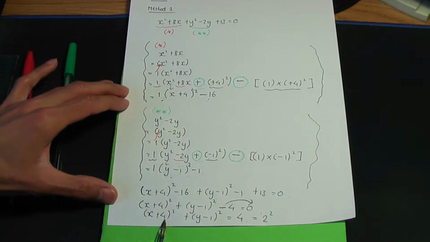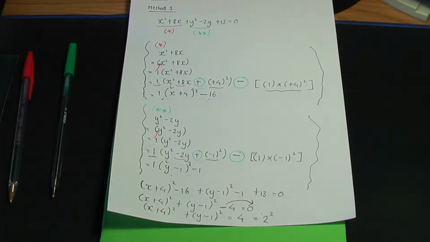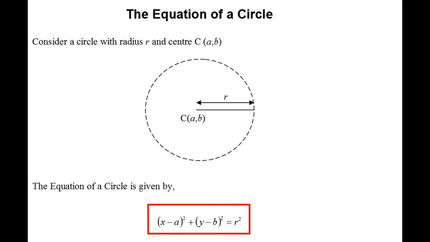Now, remember the reasoning for us writing our answer in this form. So if we go back to the screenshot, remember the equation of a circle is given by x minus a squared plus y minus b squared is equal to r squared.